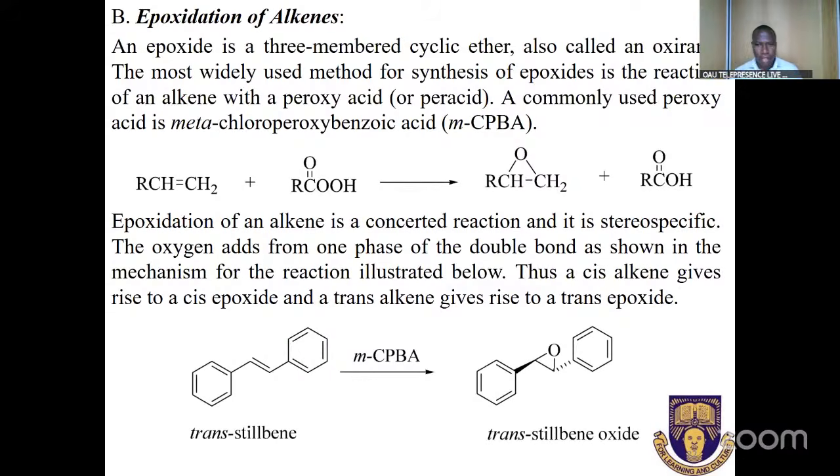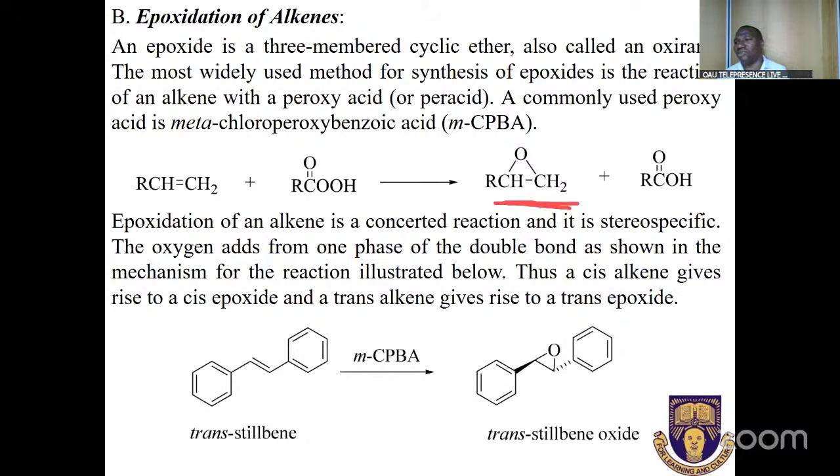Epoxidation. Well, in a general sense, an epoxide is a three-membered cyclic ether. This is an epoxide, a three-membered cyclic ether where you have oxygen as part of the ring. That's why we call it a cyclic ether.